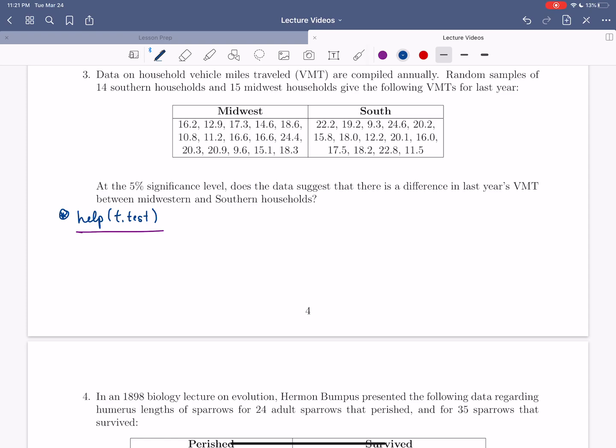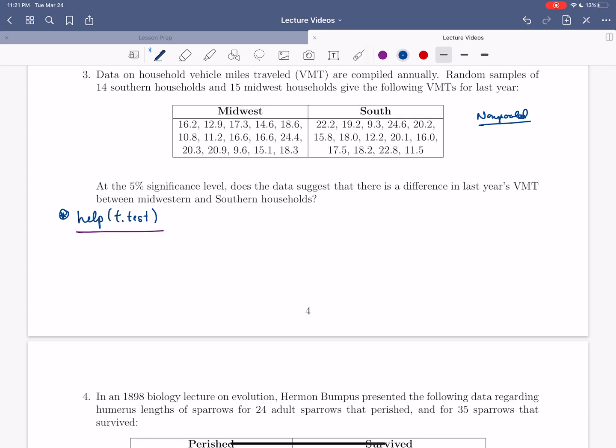There's no reason to think that our populations have to have the same standard deviation. Maybe they do, maybe they don't, but we're not going to assume that they do. So we're not assuming that sigma 1 and sigma 2 are equal, so this is going to be a non-pooled t-test.